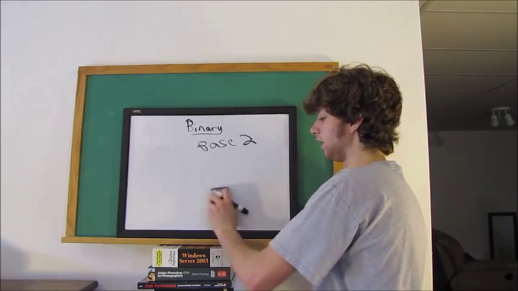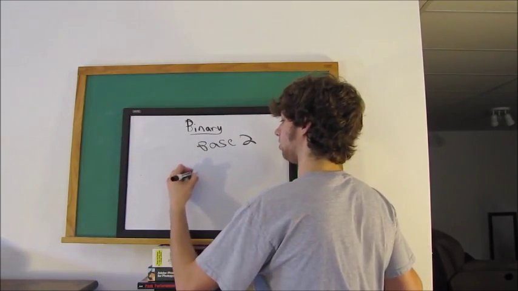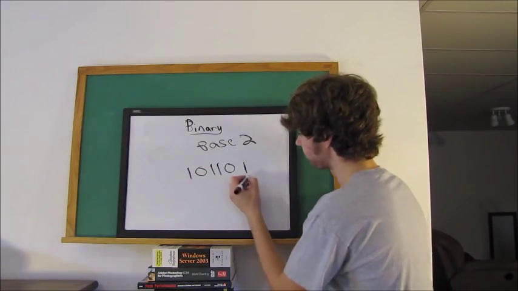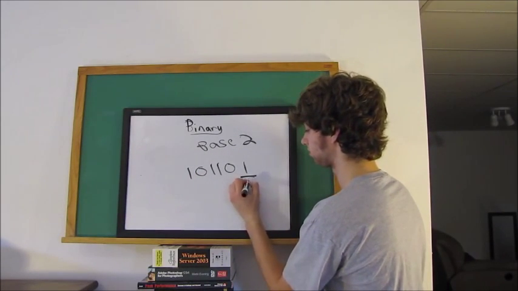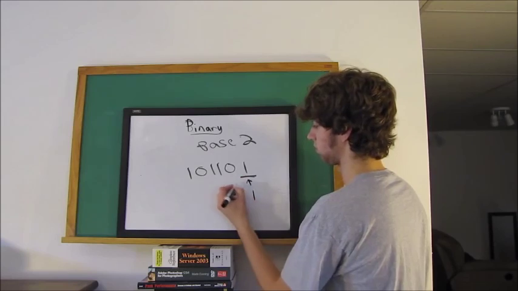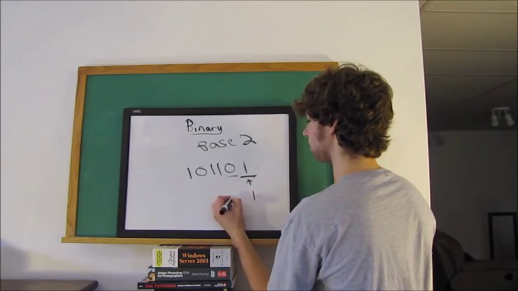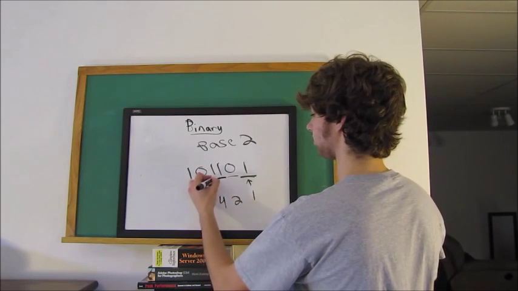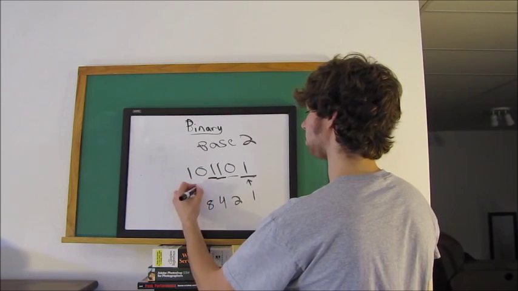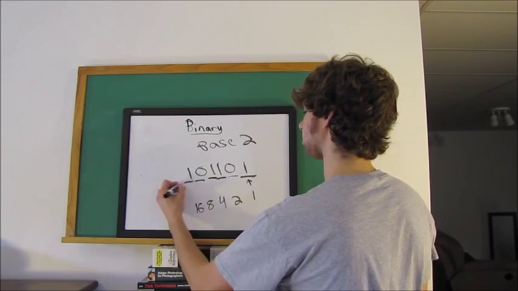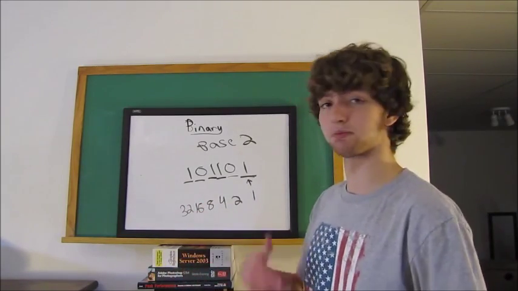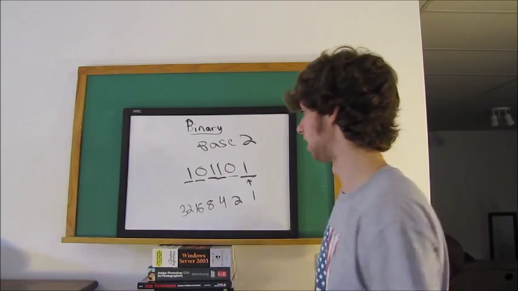So if we have a binary number, such as 1, 0, 1, 1, 0, 1, you could say 1's place, 2's place, 4's place, 8's place, 16th place, 32nd's place. So it multiplies by 2 each time rather than 10.